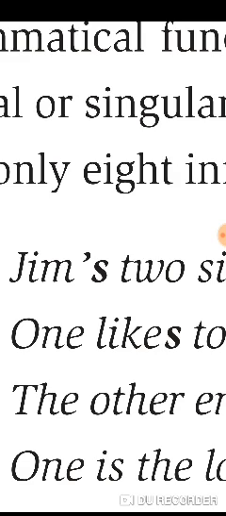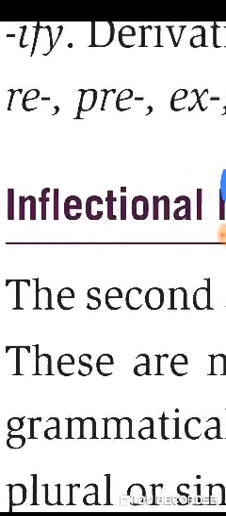This s is only to show that it is a possessive construction. So in possessive constructions, we add something like s. This is another example of an inflectional morpheme. Again, you see no change of meaning, no change in the grammatical function.